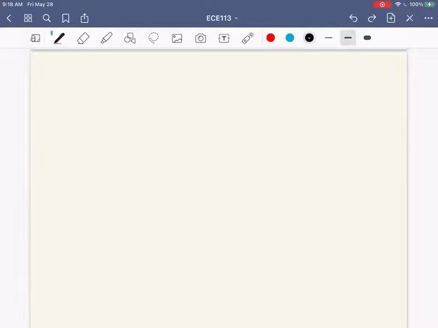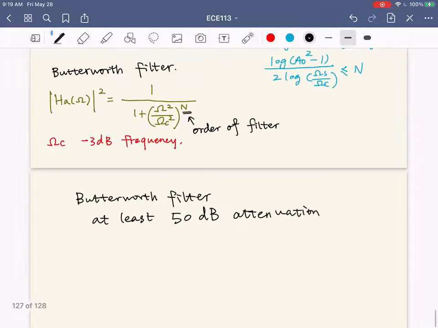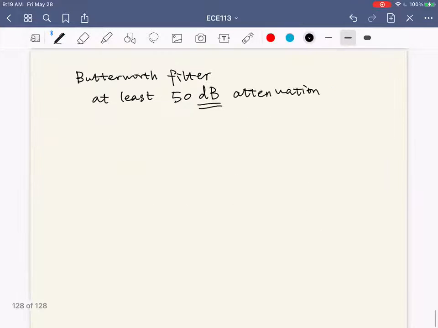Let me give you an example with concrete numbers. Let's say we want to design a Butterworth filter, and we want at least 50 dB attenuation. Notice that it is now represented in dB, okay? And we know that the attenuation happens at 2 kHz, and we also know that the 3 dB attenuation happens at 500 Hertz.